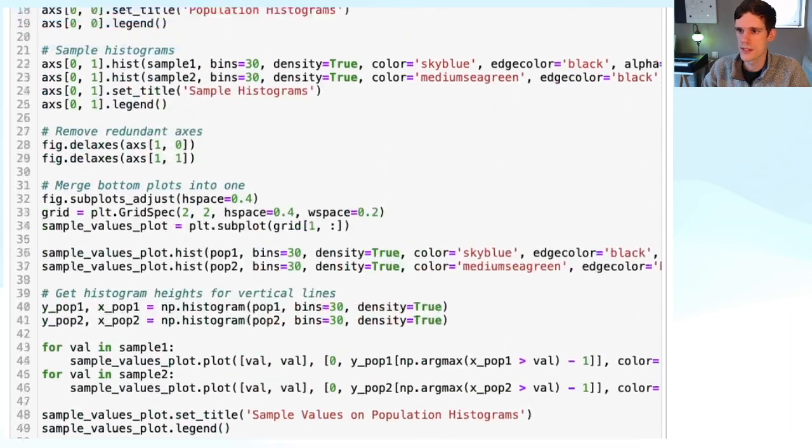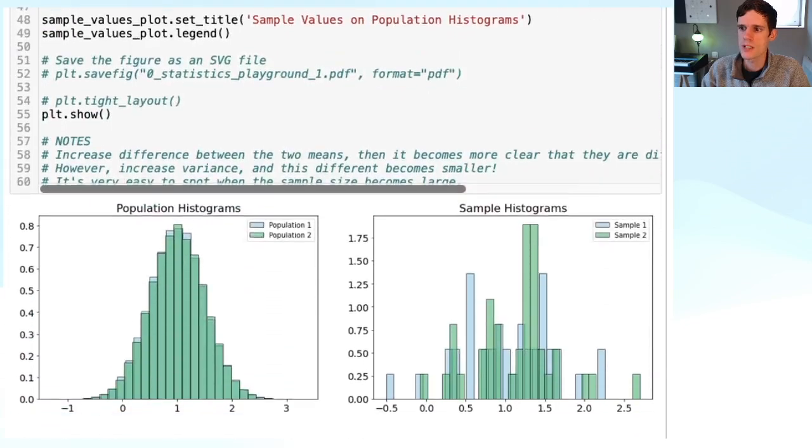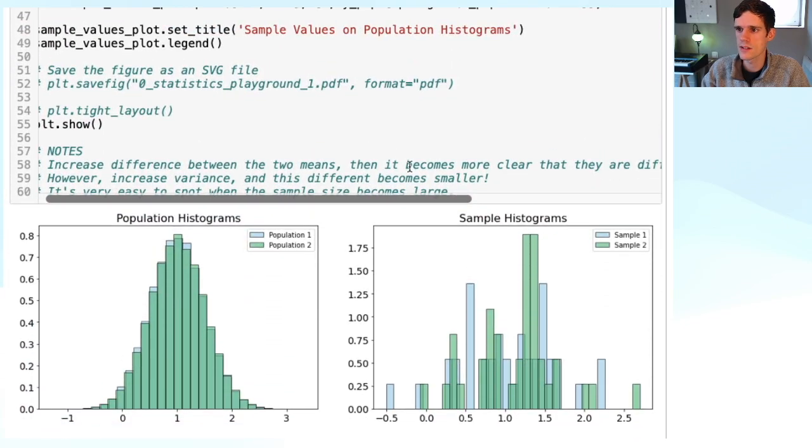It could even be the case that if we make these two populations exactly identical by putting their variance equal to 0.5 and putting both of the locations or the means of these distributions to 1, then we know that the populations, of course, are exactly identical.